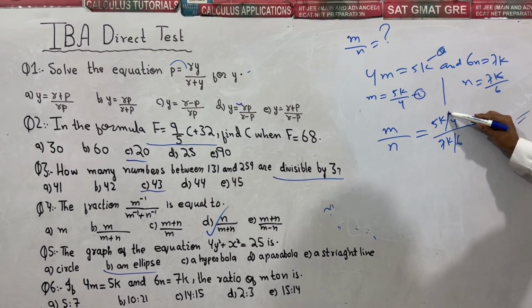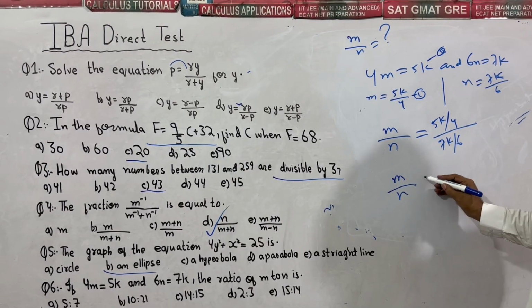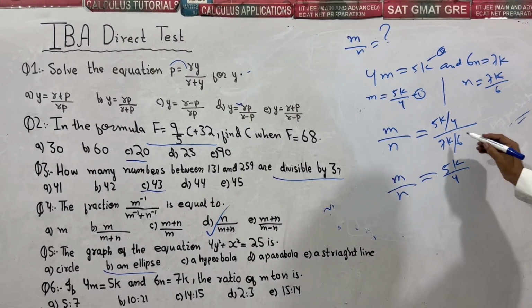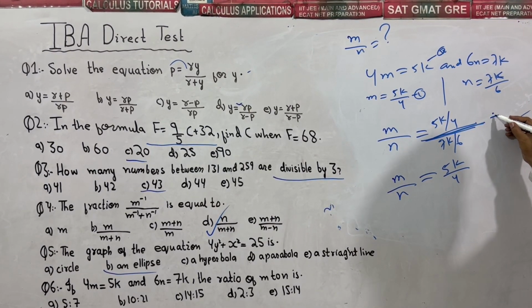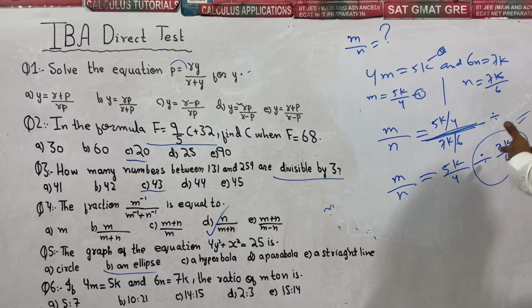Look, division upon another division. In order to simplify the situation, write it in that fashion: 5k over 4 as the main division, and instead of this, write division by 7k over 6. Now convert division into multiplication by making this term reciprocal.